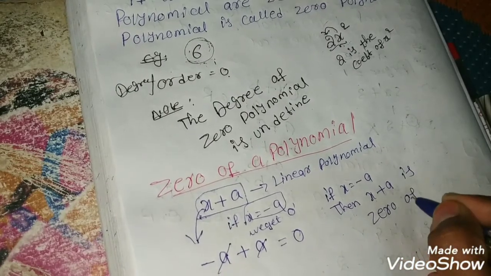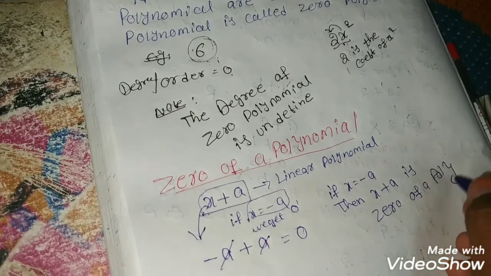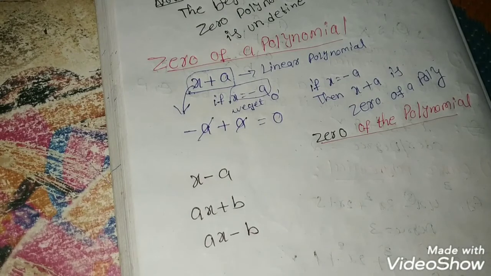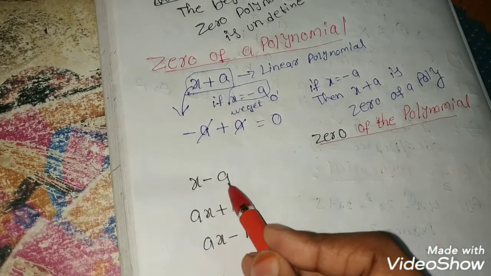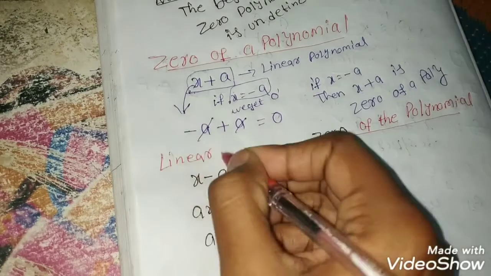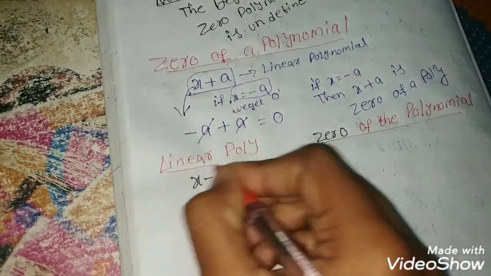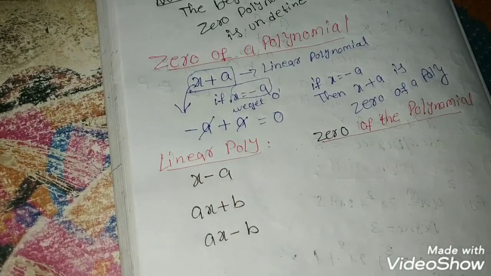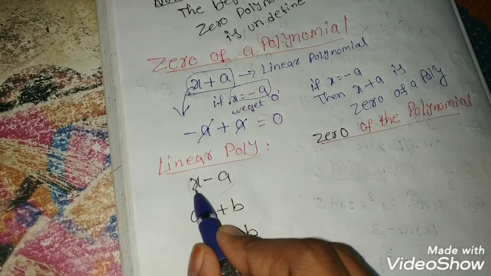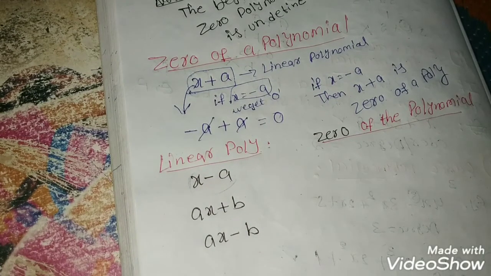Zero of a polynomial. Please note down. See here, find out these things. Everything here is a linear polynomial, right? Write this as a linear polynomial. If we need to get a zero of this, what is the value of x?